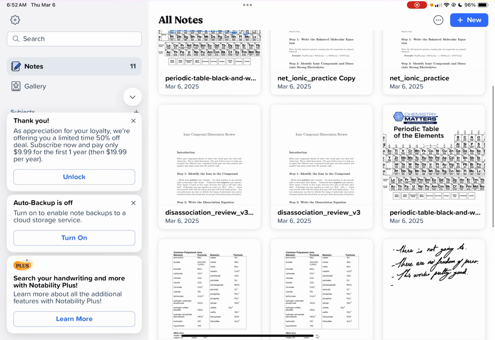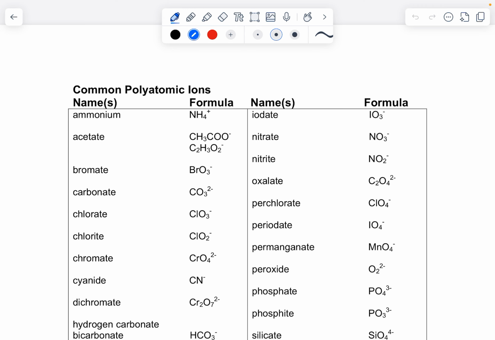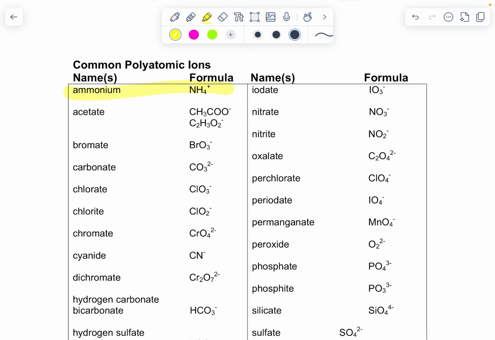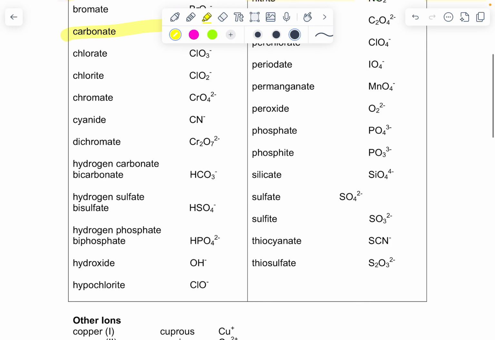Let's take a look at this polyatomic ion chart. I'm going to have you guys highlight this because it'll come in handy. These are common ions. Ammonium is common. Carbonate is common. Hydroxide is common.